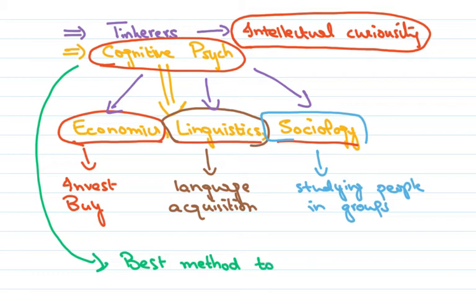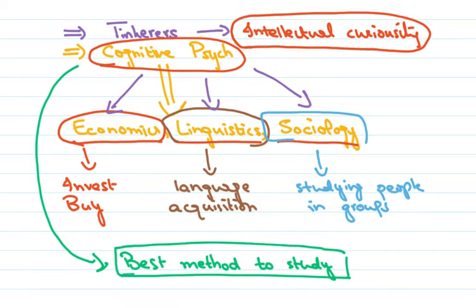Cognitive psychology research can really help you narrow down the best method to study in order to maximize retention. So, these are some of the reasons that someone might have to study cognitive psychology.